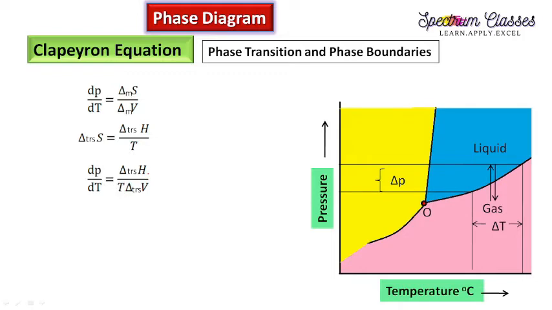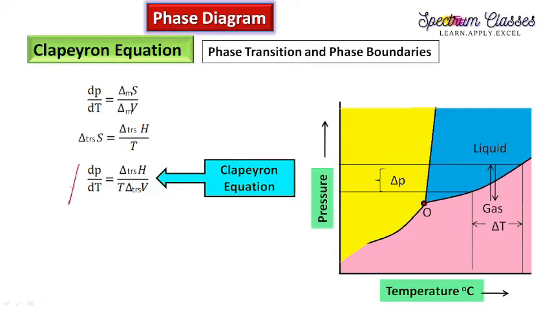This is again known as the Clapeyron equation. So in either form you can identify the Clapeyron equation: dP upon dT equals delta transition S upon delta transition V, or delta H transition upon T delta V transition. In either terms you can determine this.